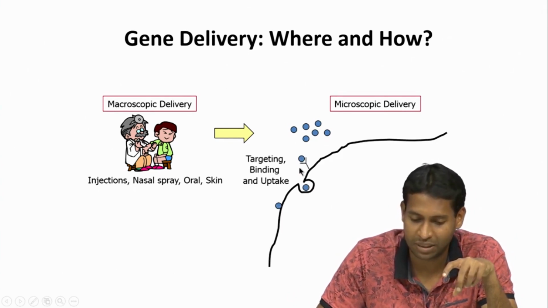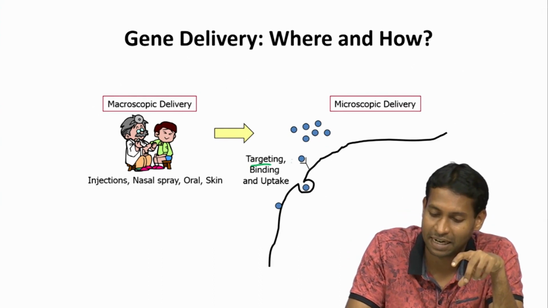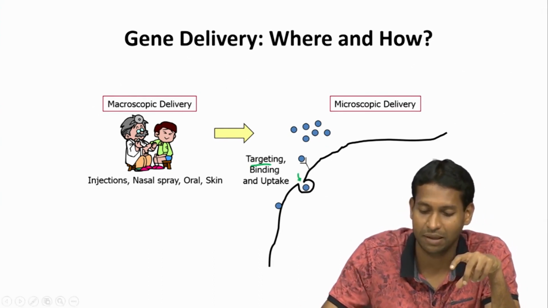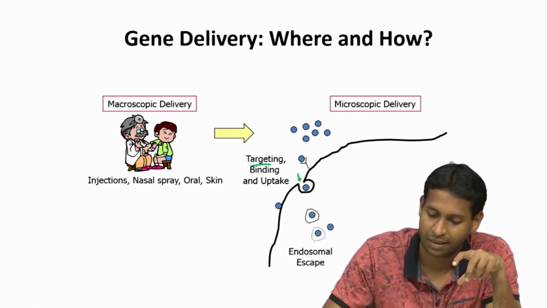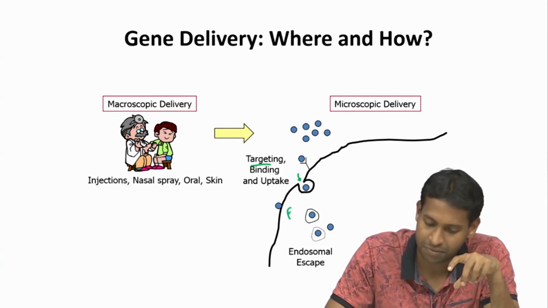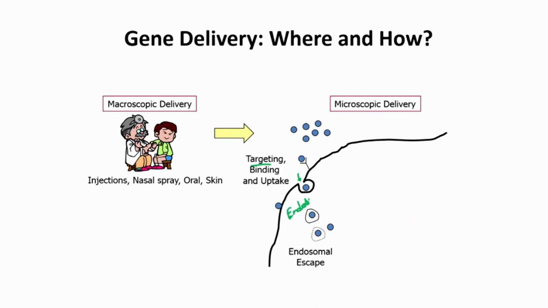You use either some targeting, or these particles inherently go into the cell, they go into the endosomes, and eventually if you have used the proton sponge effect or something else, they burst this endosome and come out into the cytoplasm.